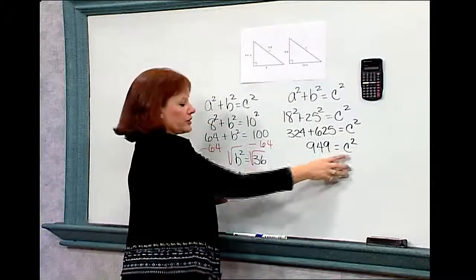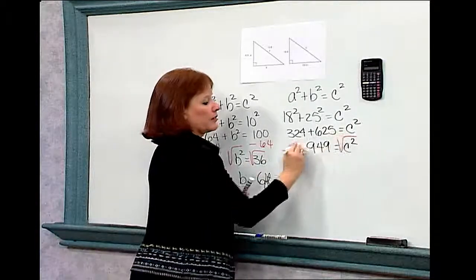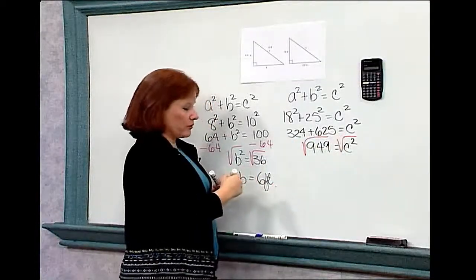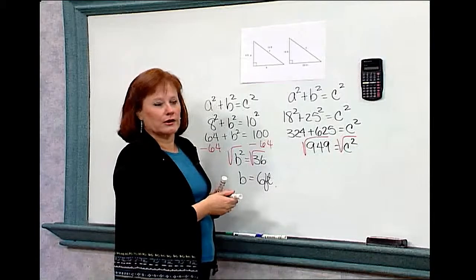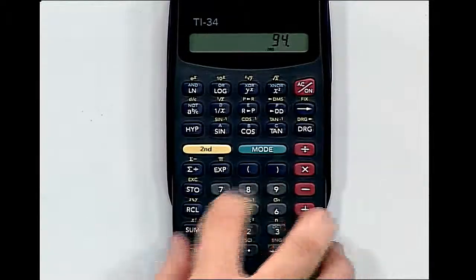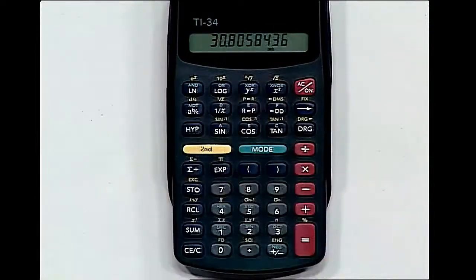Now I know that just like in the previous problem, I need to take the square root of both sides. In this case, I don't know the square root of 949, so I'm going to use my calculator to find that out. I put in 949, and I access the square root key by hitting second square root.